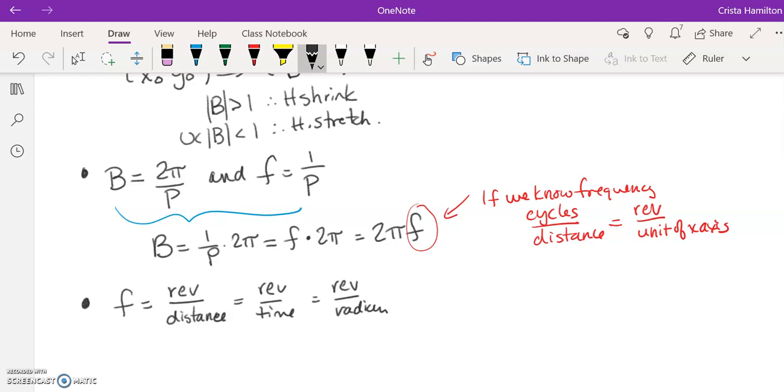Hopefully you'll remember that if we're doing this in revolutions per time, this frequency is a measure of angular velocity.